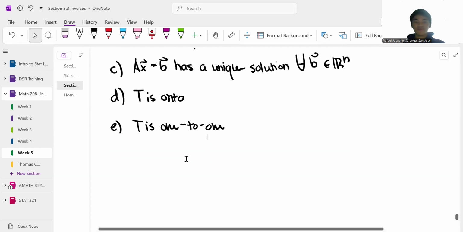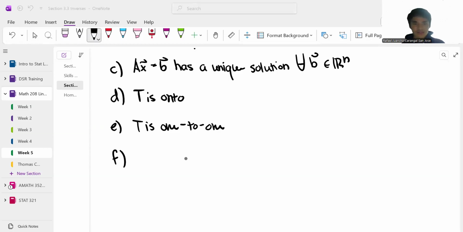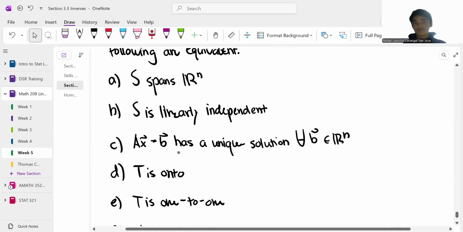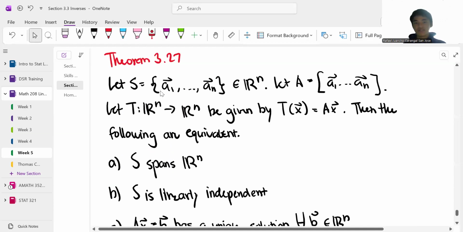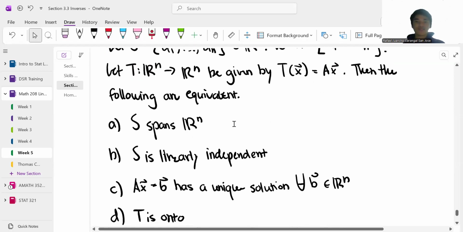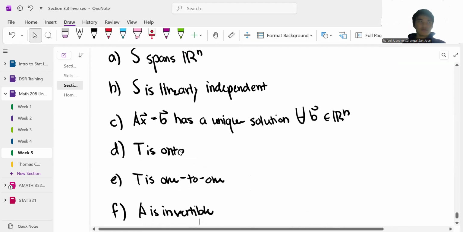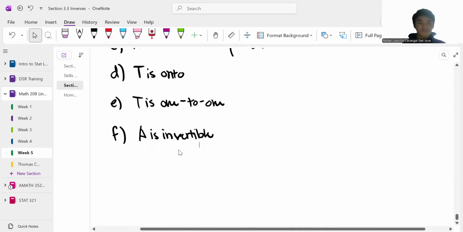So all of these are really interconnected, which is a lot. And lastly, here's the nice one. F, A is invertible. Why? T is onto, and T is 1 to 1, and the linear transformation is from n to n. So we have a square matrix A. That's it.